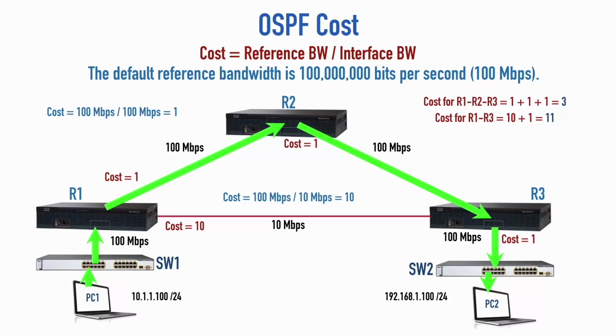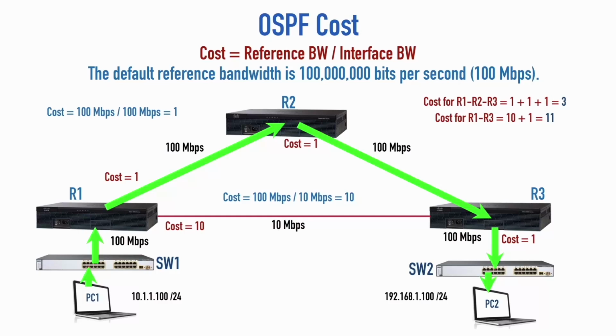We're not allowed to have decimal values for our cost. So what would we do? We would round up to a 1. If we had a 10 gig link or a 100 gig link, they would all be a decimal value and they would all round up to 1. That means by default, from OSPF's perspective, we've got the same cost for a 100 meg link as we do for a gig, a 10 gig, or even a 100 gig link.